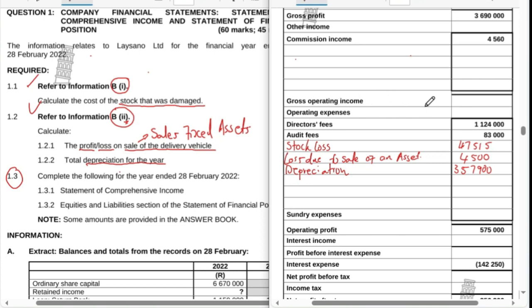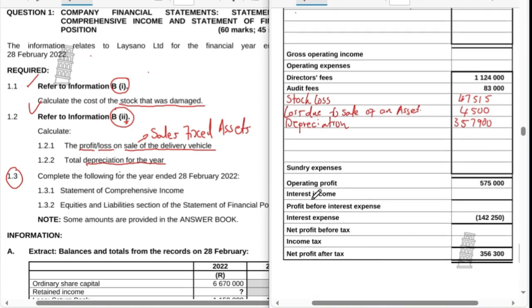Gross operating income minus operating expenses equals operating profit. Operating profit plus interest income gives profit before interest expense.